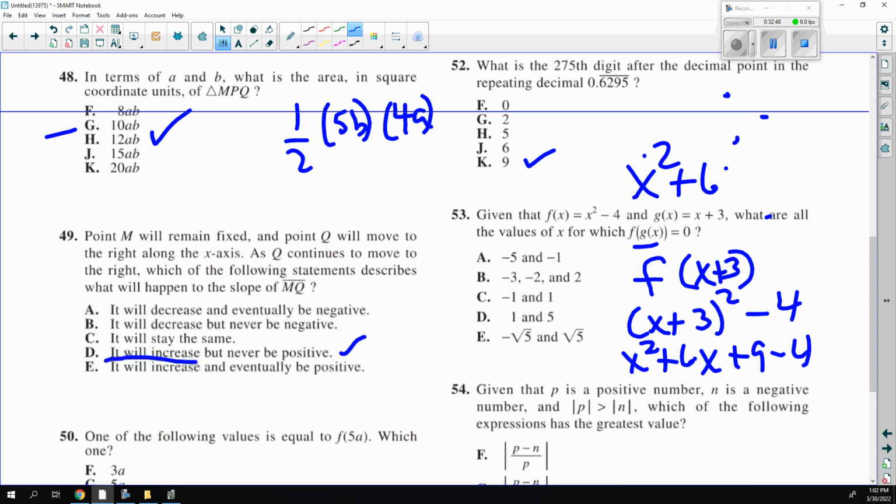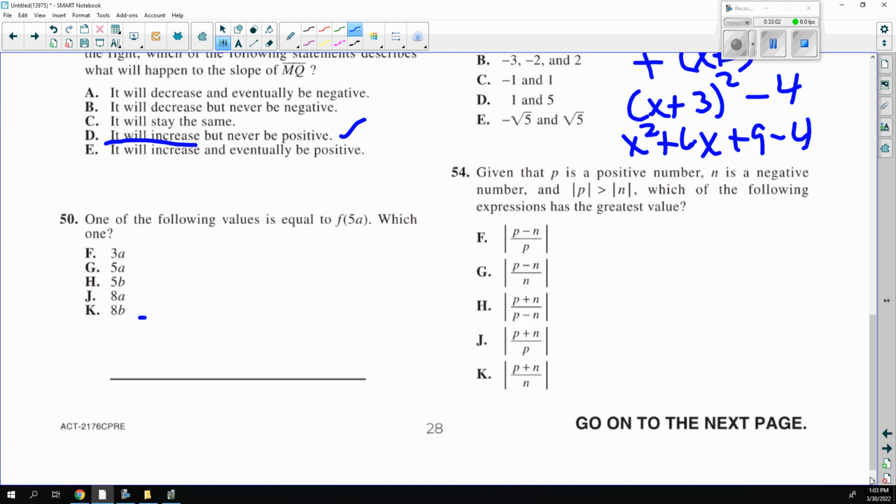You're solving this quadratic to 0. It factors as x plus 5 and x plus 1. And that would give you -5 and -1.